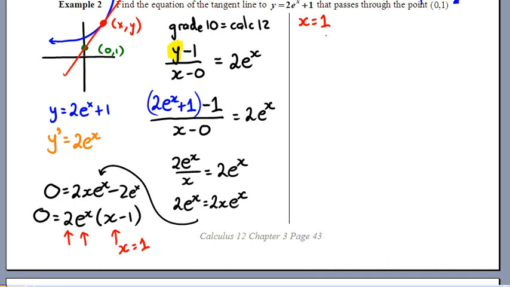The other point, it's 1 for x, and the y, well, I could put just numbers into this. 2 times e^1, that's just 2e, plus 1. So the y value looks like this: 2e + 1. Okay, nobody said it was going to be a nice number, but there it is. That's the red point.